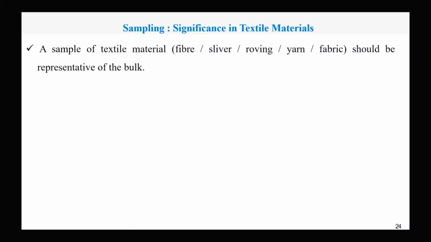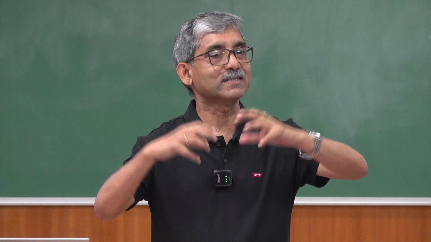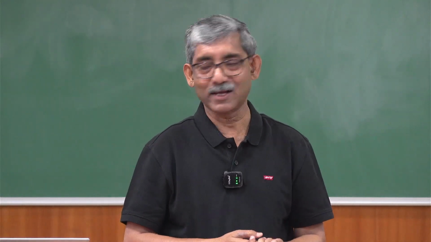So a sample of textile material should be representative of the bulk, as we have discussed. So sampling technique is extremely important where the variability is high. This is very important.